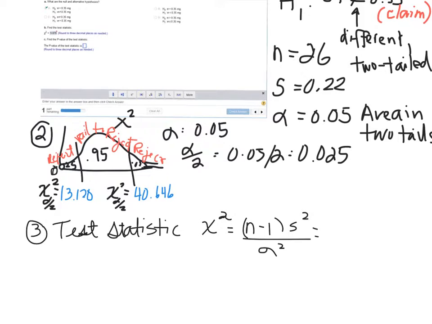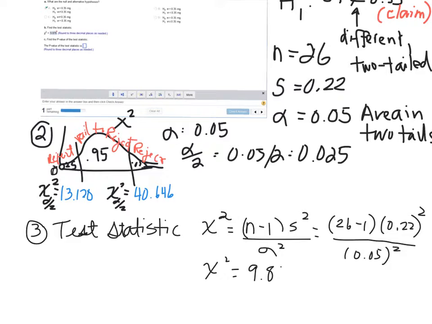We know that n minus 1 is 26 minus 1. S is 0.22, so I'll have 0.22 squared. And I'll have sigma squared, 0.05 squared. And when you calculate that, you'll get that chi-square is 9.878.